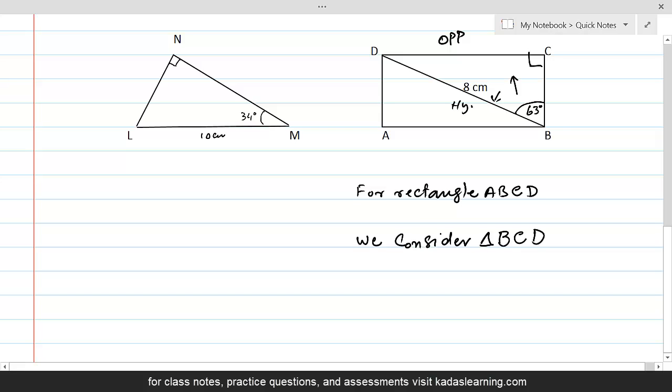So this is hypotenuse. We consider triangle BCD, and for this the sine of 63 degree is equal to opposite over hypotenuse.